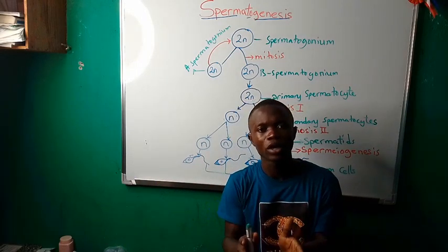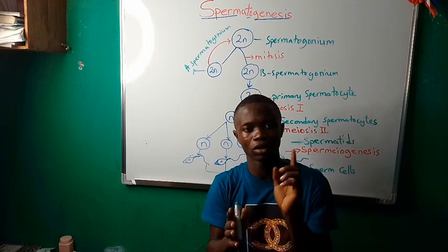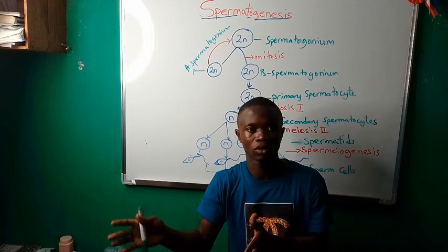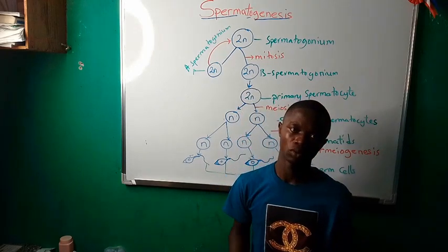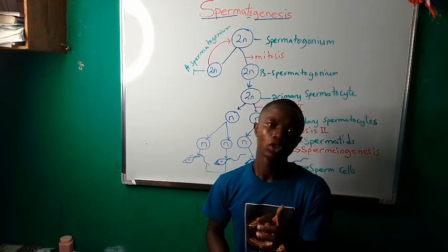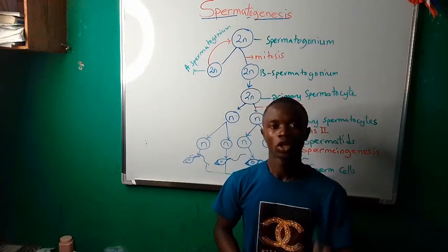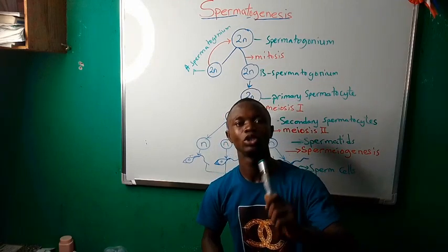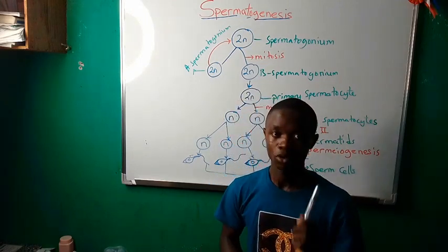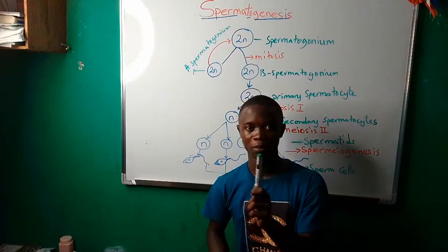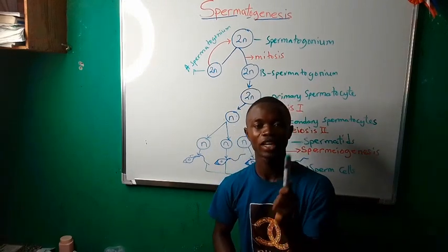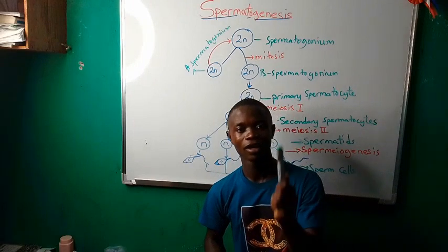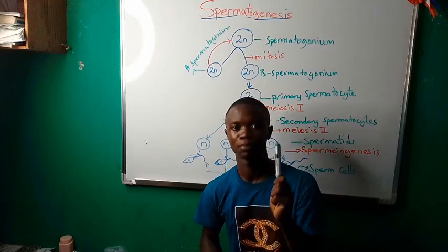For some boys they can hit puberty at the age of 11, some at 12 years old and some at 15 years old. So as a boy, once you hit puberty, you start producing sperm from that day until you die. So right now, you are producing sperm. If you watch this video, you will understand the processes involved in the production of sperm.